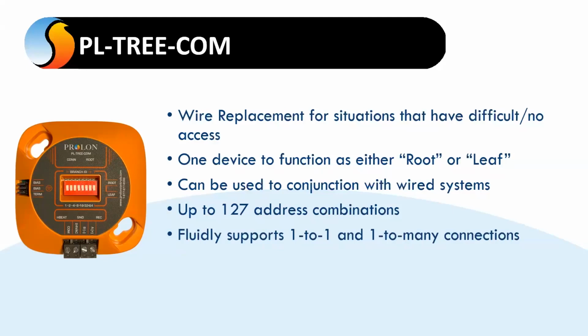And I can get another basket over here and I can go up. Okay. We can have one TreeCom at the NC2000 talk to all of those rooftop units, each one having their own TreeCom, and they're all on the same channel.